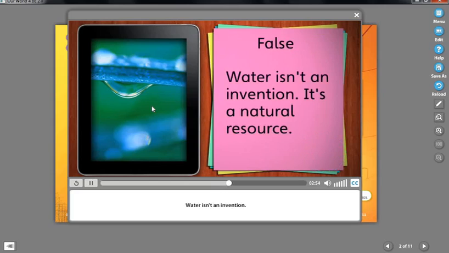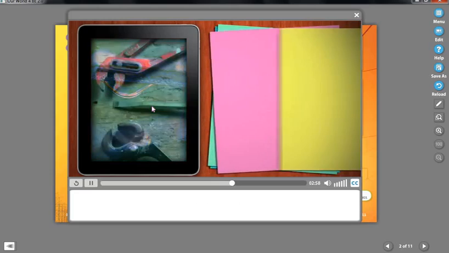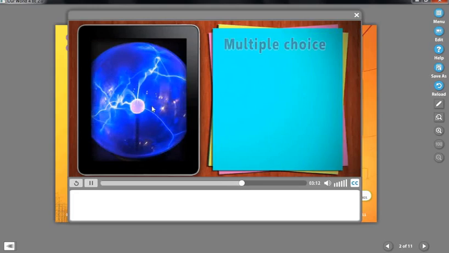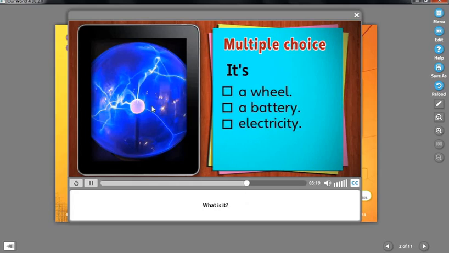Water isn't an invention, it's a natural resource. Inventions are useful. People use this every day. You're probably using it now. What is it? Is it a wheel, a battery, or electricity?